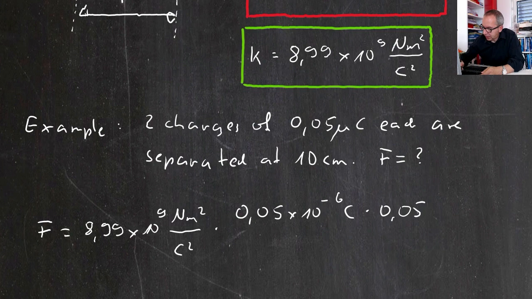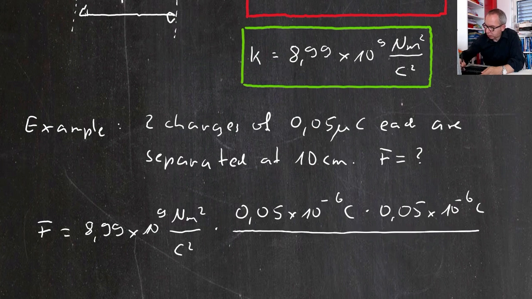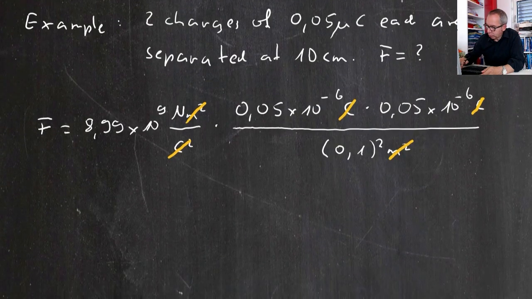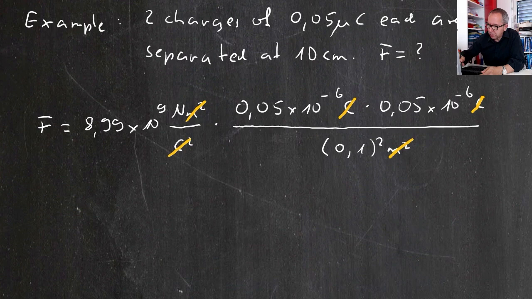Same thing again for charge 2. And 10 centimeters is 0.1 meters, squared. If we look at the units, we have coulombs and coulombs, which simplify with the coulombs squared, and with meter squared we are left with newtons. And of course, a force has to be in newtons.